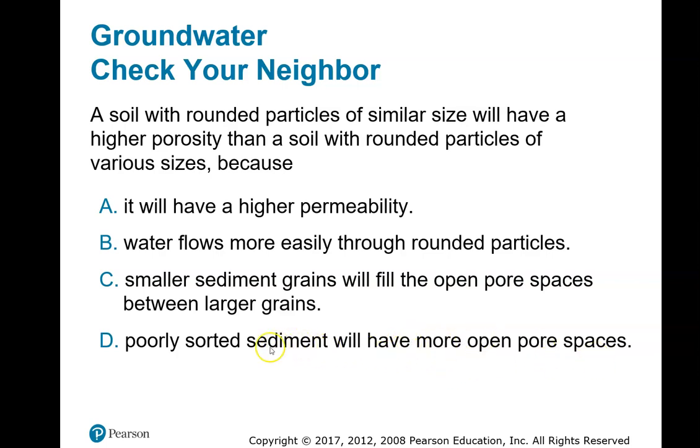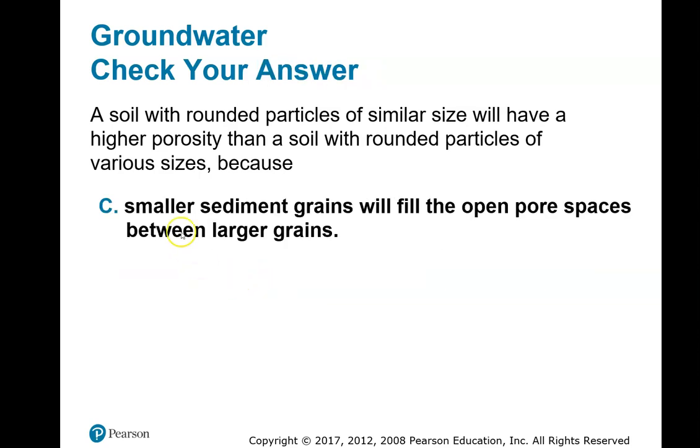Okay, so poorly sorted, that's certainly true, but the smaller sediment grains fill the open pore spaces between the larger grains. So that's why it's going to have higher porosity, right? Because that's going to cause the soil to trap the water more easily. So C is going to be the correct answer.